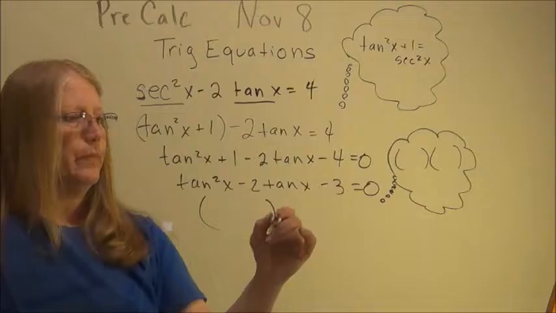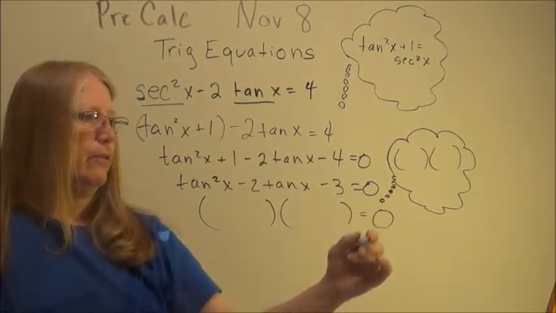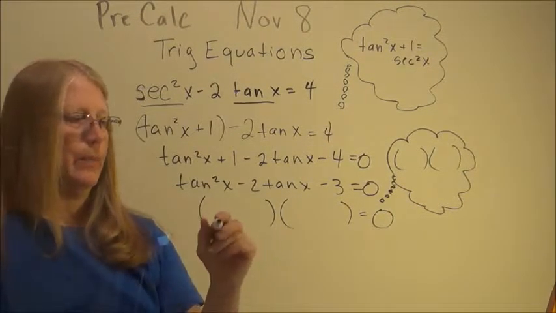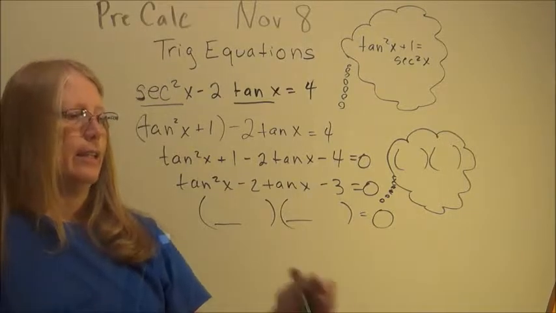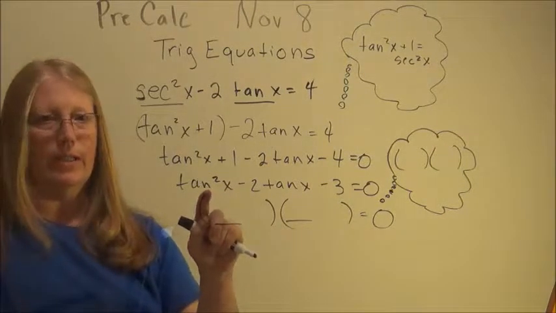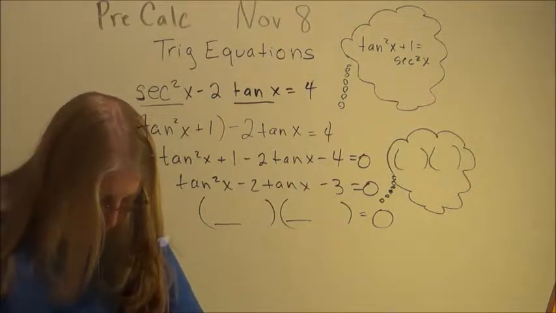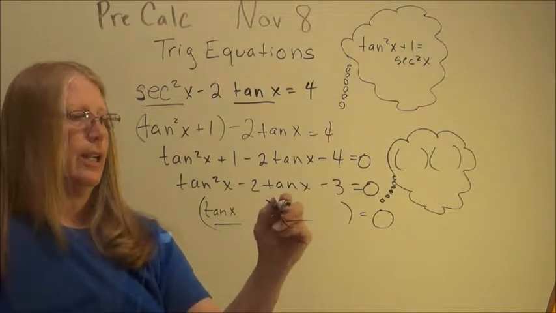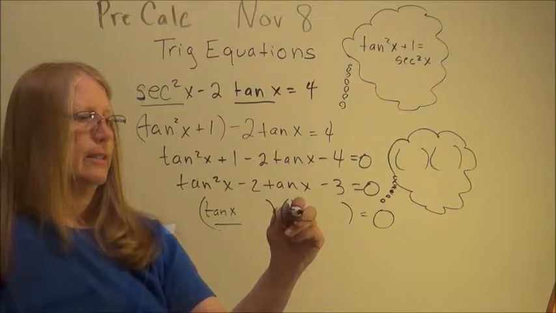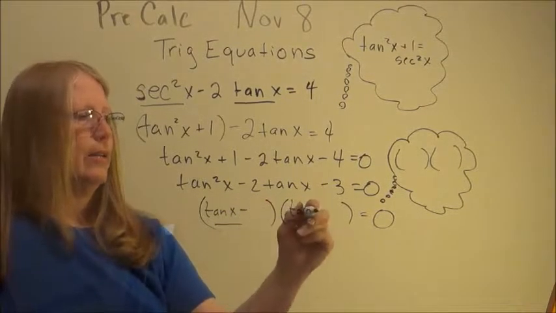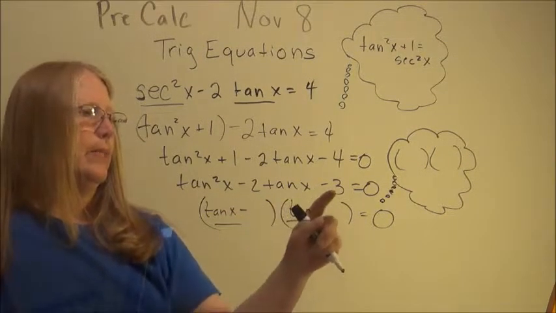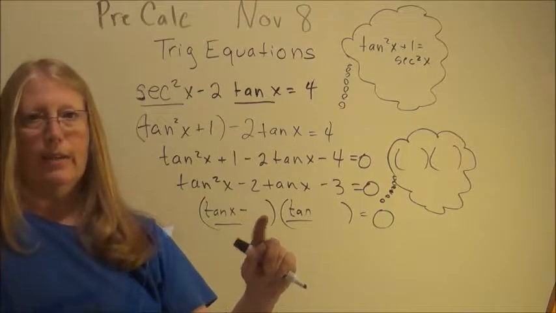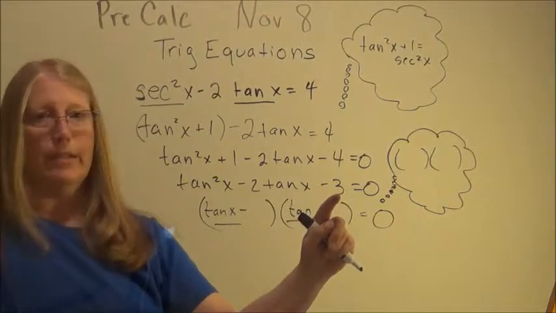And so, thank you, Ryan. We're going to put an expression here and here that multiply together to give you tangent squared. So that's going to be tangent x and tangent x. And now we are going to multiply whatever's here times here to get minus 3.